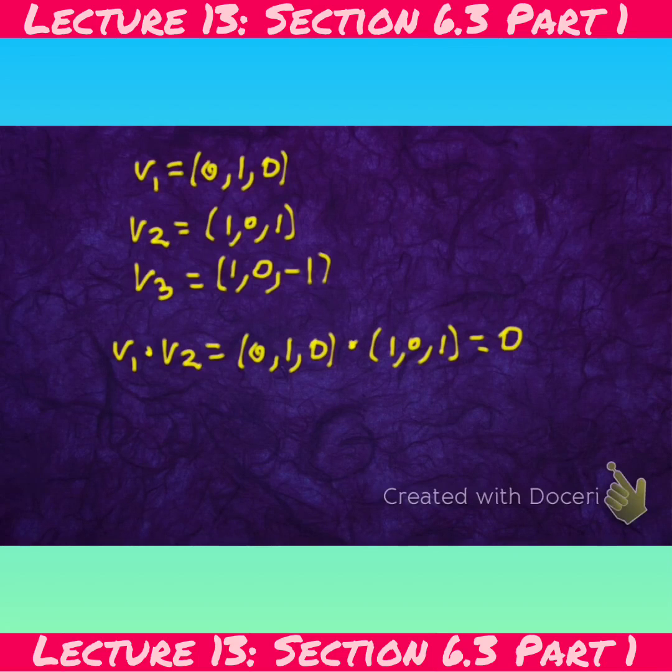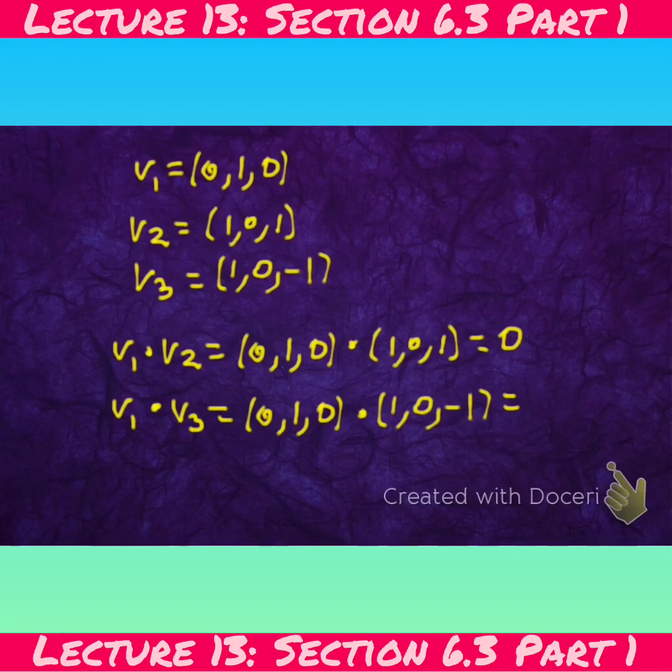Then we take the vector v1 and the dot product with the vector v3, and that is again going to be 0.